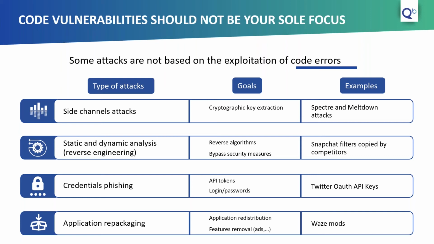There are also types of attack like credential phishing, with the case of Twitter API keys, and the last one, application repackaging, which we saw with the Waze mod. By the way, one funny example of application repackaging is told in a Medium article that teaches how to reverse engineer the Medium app and make all stories in it free. It was very funny.